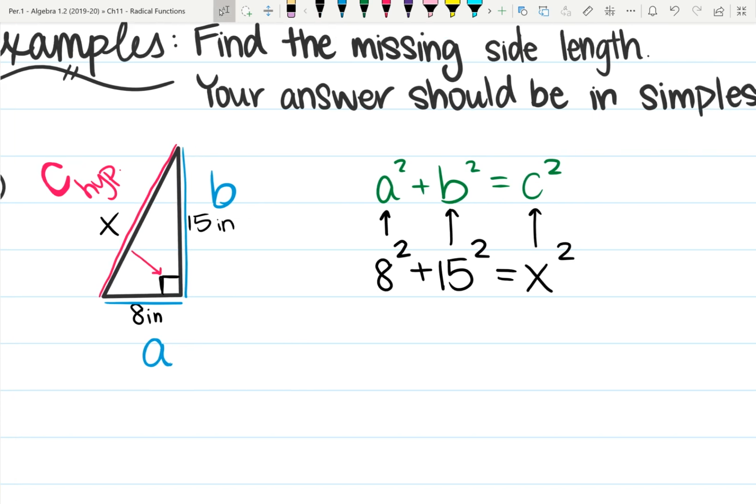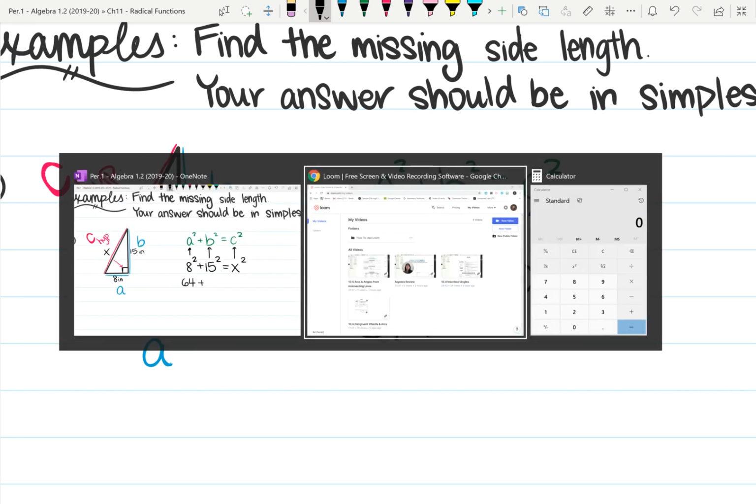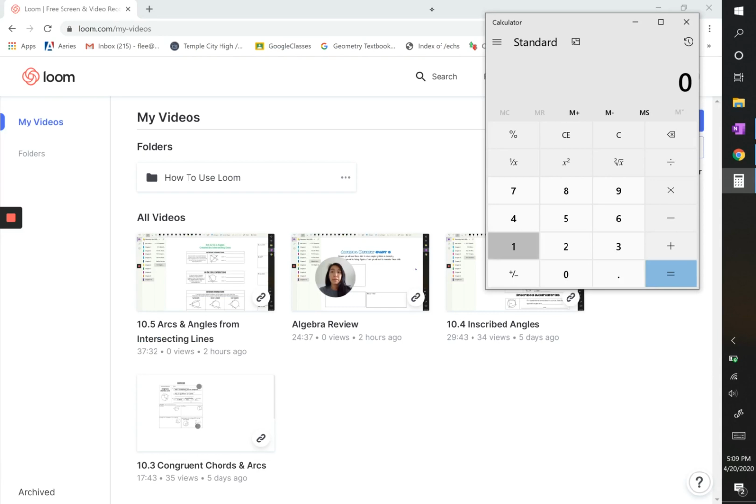Okay, from here, I can solve for X. I'm going to use my order of operations. I see we have 8 squared. That's 8 times 8. That's 64. I know that one. And then 15 squared. Some of you guys may know this off the top of your head. If you don't, grab a calculator. We'll go 15 squared, 225.